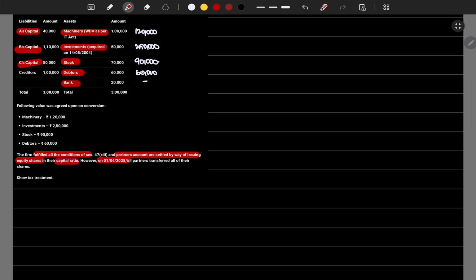However, on 1st April 2025, all partners transferred all their shares.